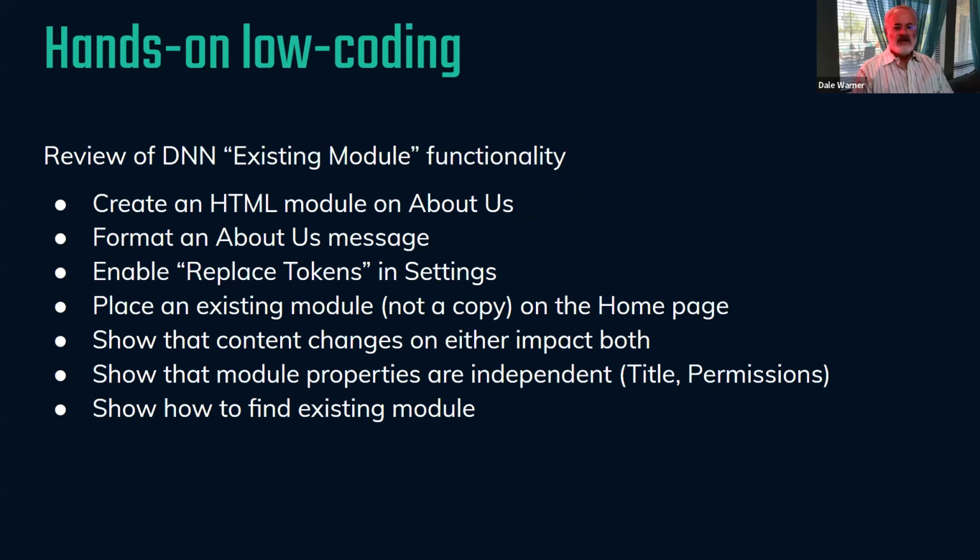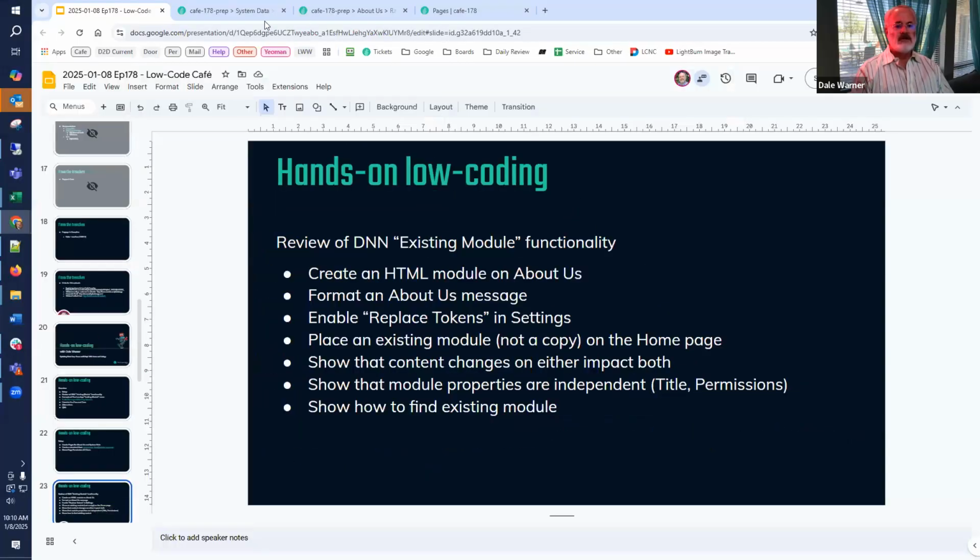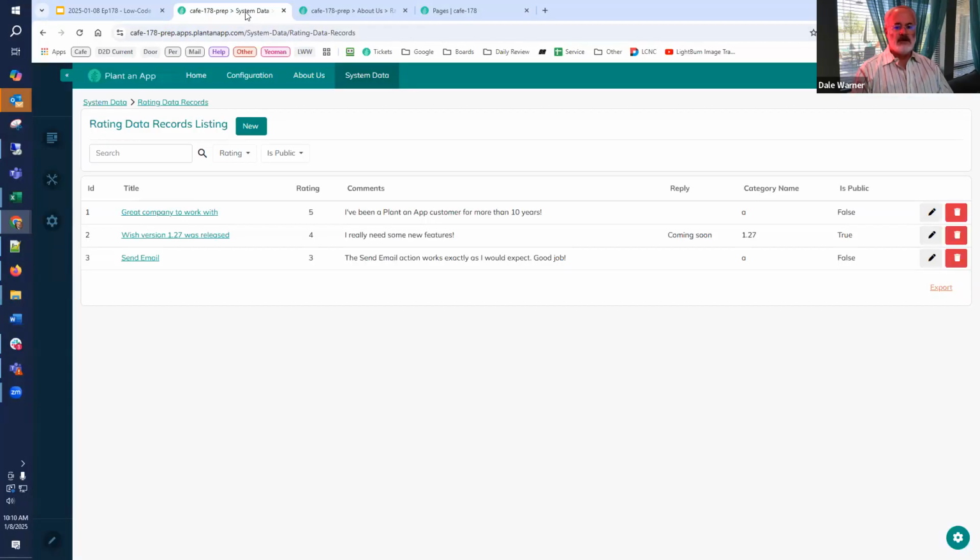DNN has this existing module functionality where the same module can be used in multiple places. So instead of adding an HTML module to one page and then adding a different one to another page, maybe you have one that you want to say the same thing. Rather than talking about it, let's just demonstrate it.